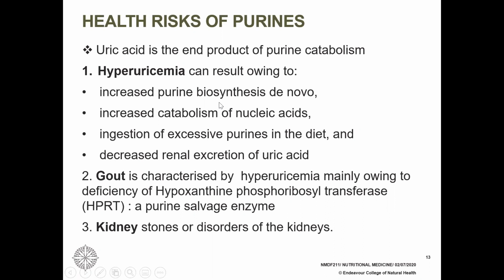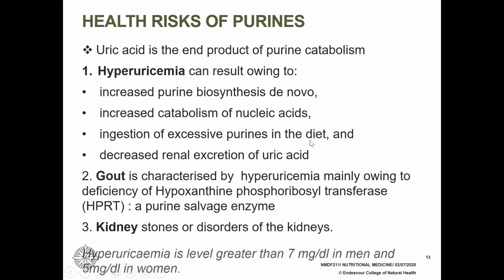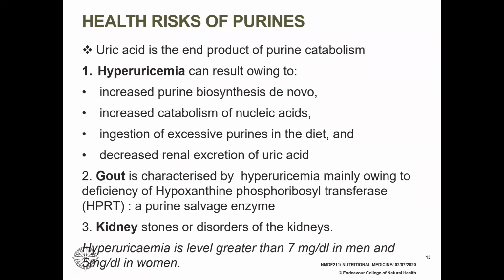So if we are making a lot of purines inherently in our body, if for some reason there is enhanced catabolism of nucleic acid, or through excessive intake we are taking a lot of purines, that may lead to hyperuricemia. And one of the conditions that we are aware of is gout. So it can not only happen when we have a mutation in the salvage enzyme, it can also happen if we are consuming a lot of purines.